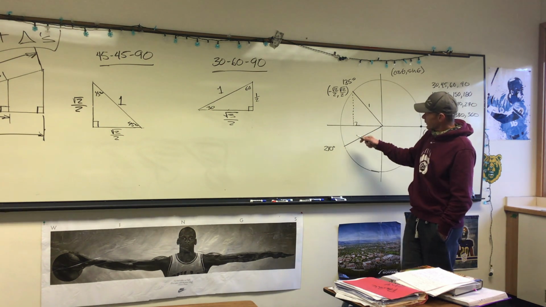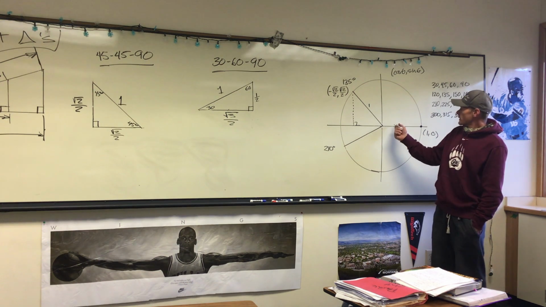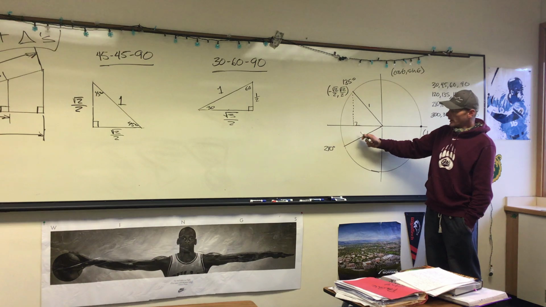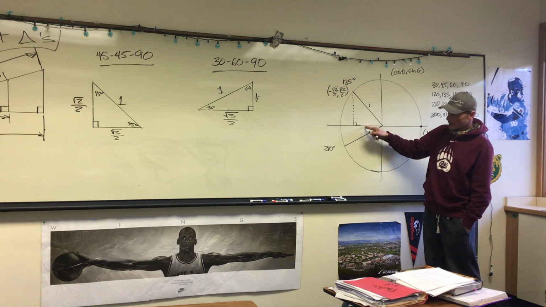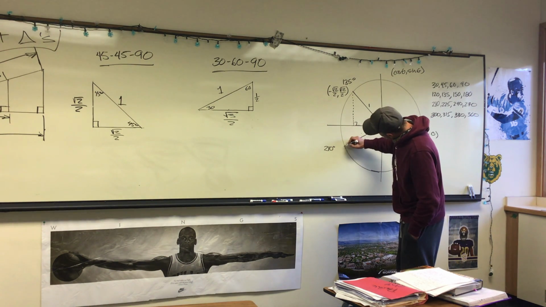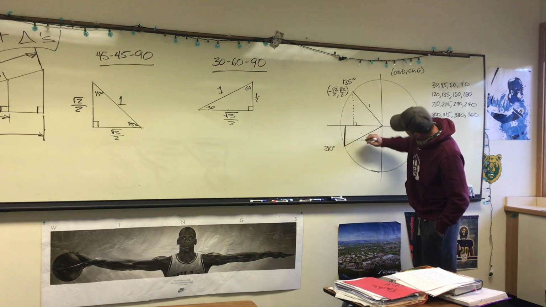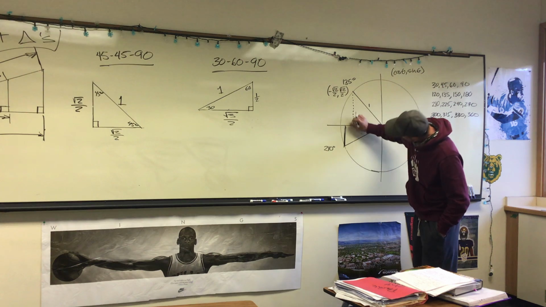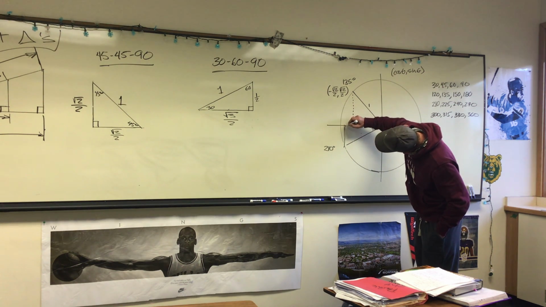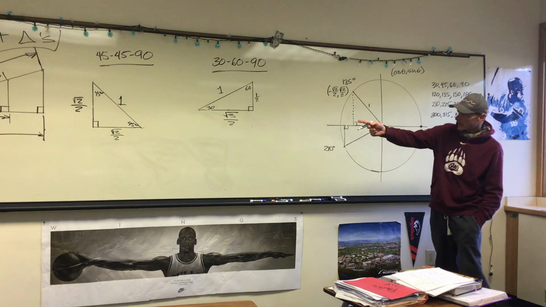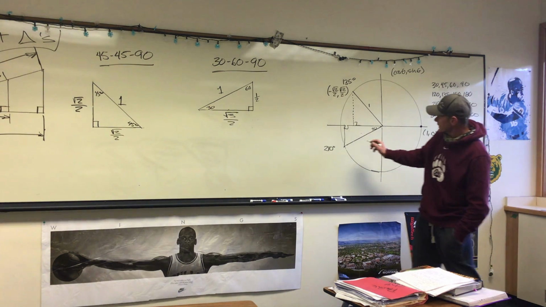Okay, here's another one, 210 degrees. Remember that we're always measuring counterclockwise from the x-axis. If we are at 210 degrees and we've turned 30 degrees farther than 180, and so we have a 30, 60, 90 triangle, something like that, and then we look at our triangle and say, okay, what's happening there to get to this point?